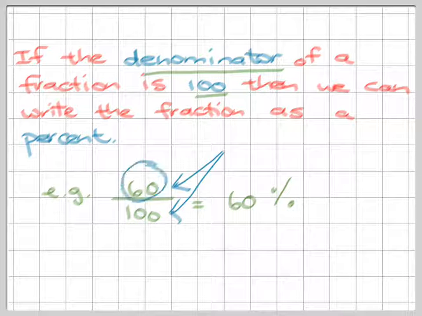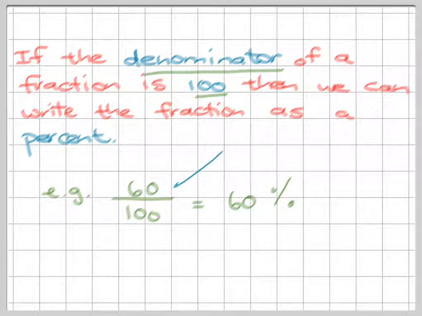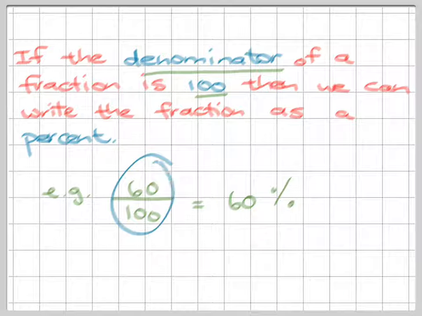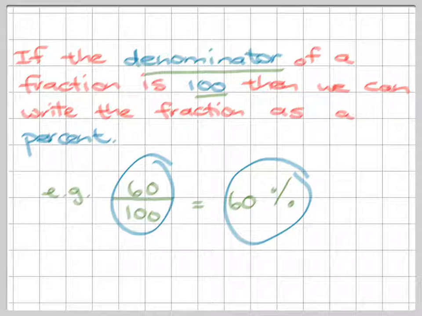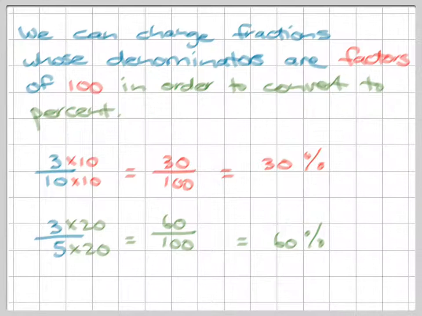So 60 to 100 works out to be a percent because it's over 100. Anything over 100 can always be written as a percent, and you can see 60 over 100 is written as 60%.